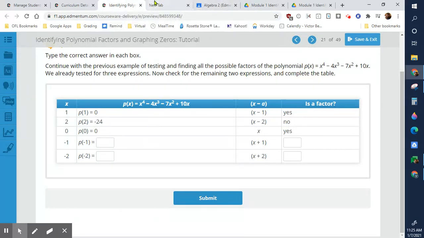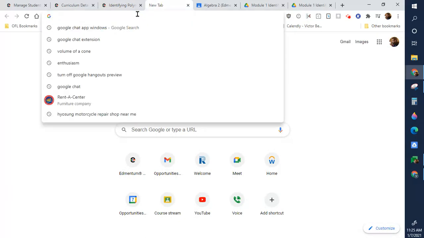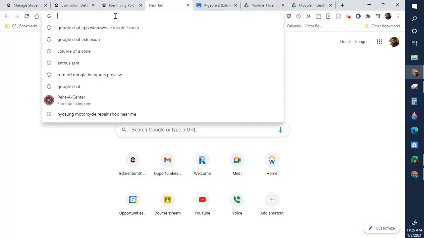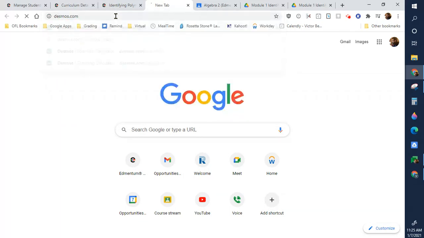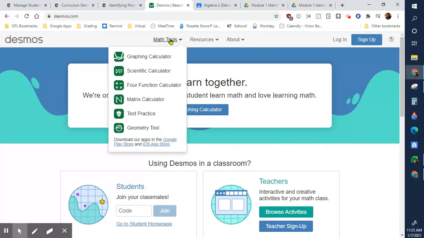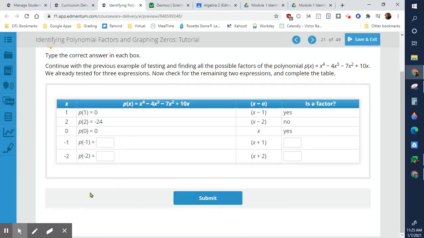We're going to open up Desmos, go to desmos.com, and use not the graphing calculator but Math Tools and the scientific calculator. This allows me to input a lot more than I would on the standard calculator.